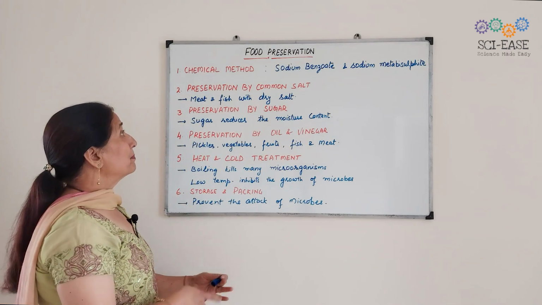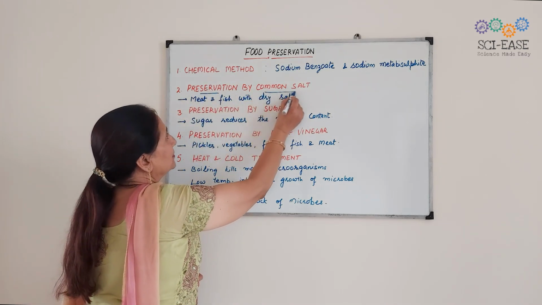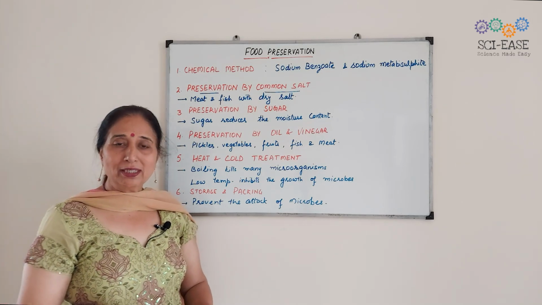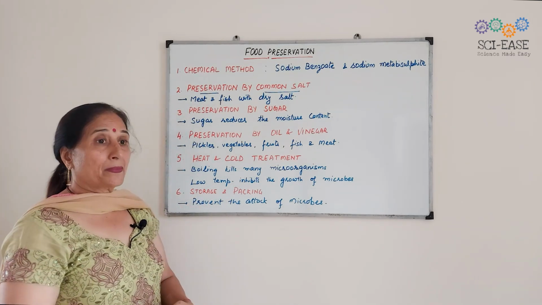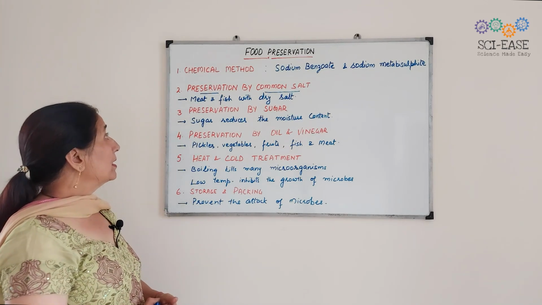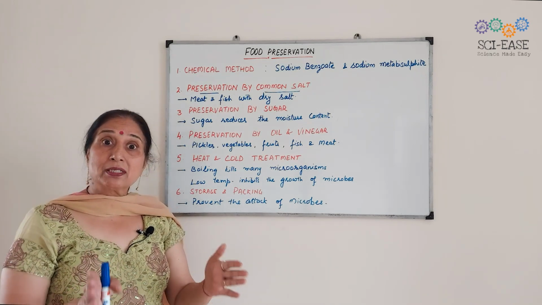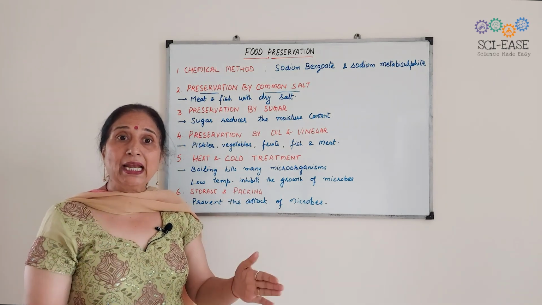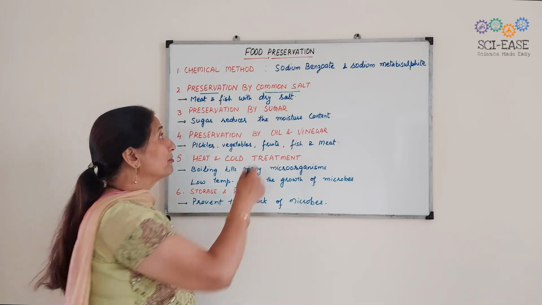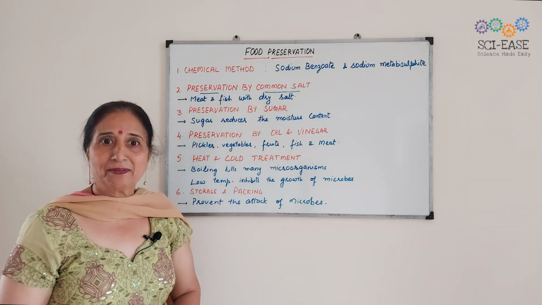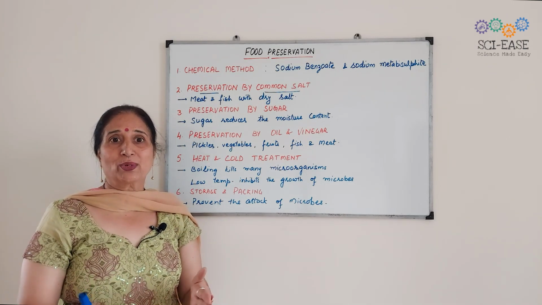Next is preservation by common salt. What is common salt? That is the table salt which we use in our homes. Meat and fish can be preserved for a very long period when there is a coating of dry salt on them. They can be preserved for years together.